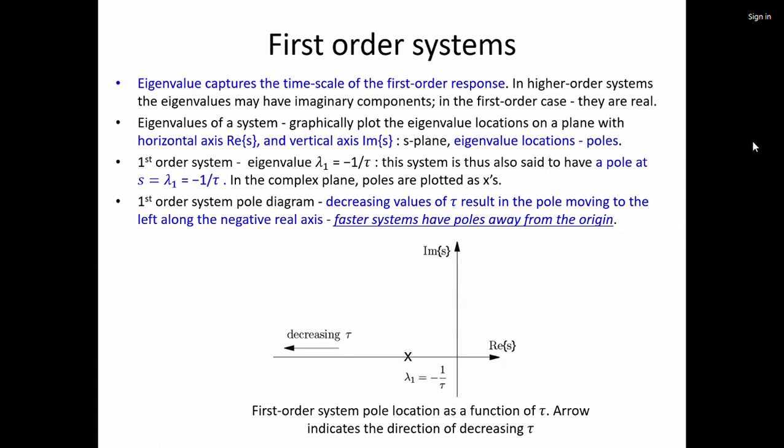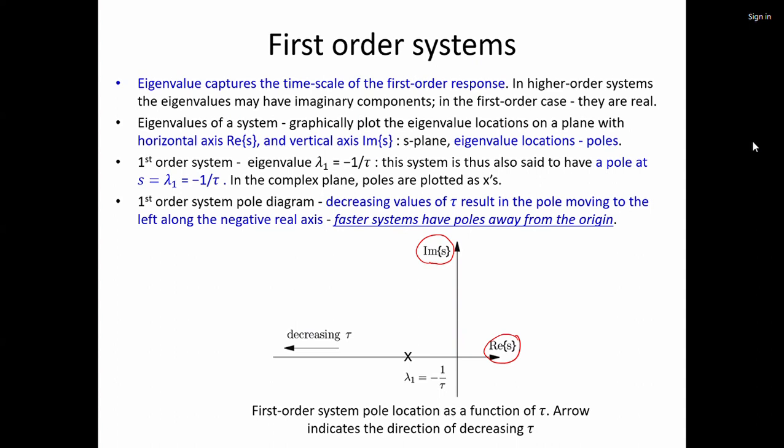But here, we just need to know that the response of first order systems can not only be represented in the time domain, but can also be represented in the frequency domain. In the frequency domain, you have the real value of the frequency on the x-axis and the imaginary value of the frequency on the y-axis.